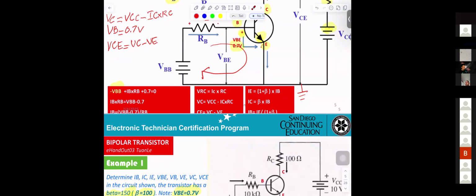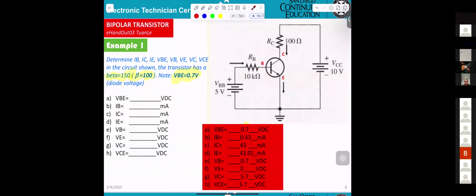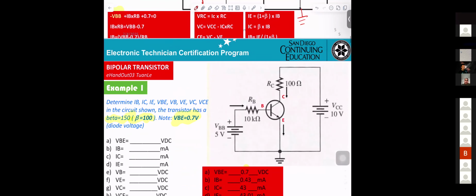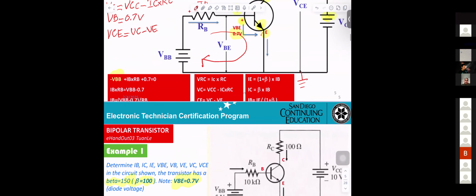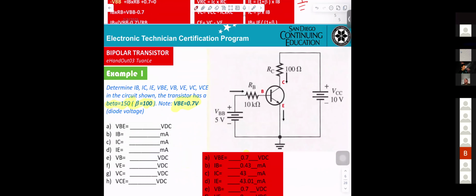Using this formula, IB equals IE divided by 1 plus beta.